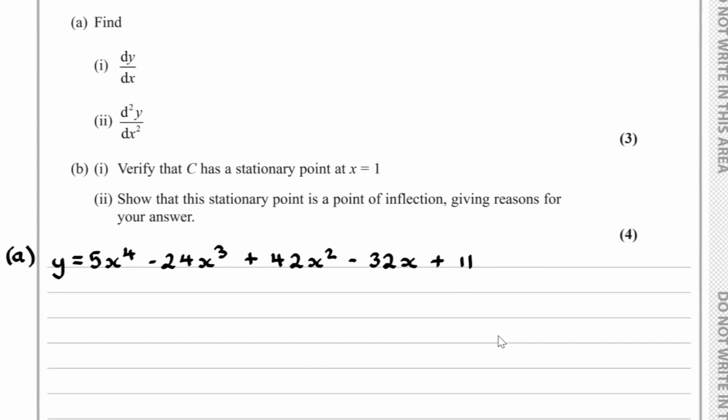Given the curve C, the first derivative, dy over dx, that's equal to 20x cubed minus 72x squared plus 84x minus 32.